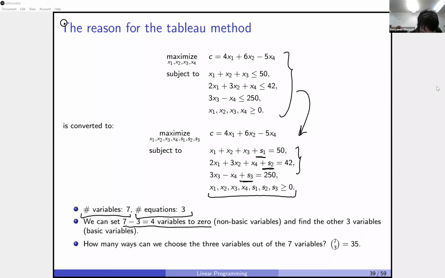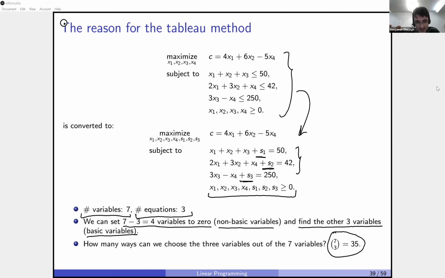So we have 7 variables in total, minus 3 basic variables. We'll have 4 non-basic variables, which will be 0. So we need to find the 3 variables which are basic variables, right? And you can choose, it's a choose 3 out of 7. So we have 35 cases for choosing different basic variables out of these 7 variables.